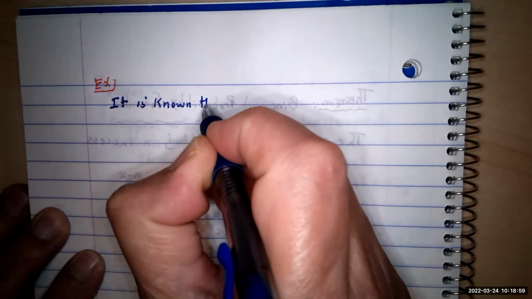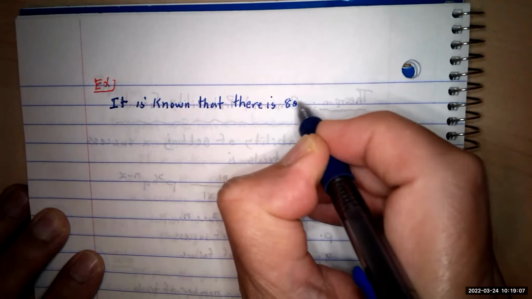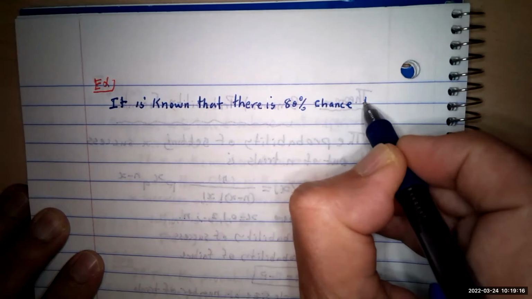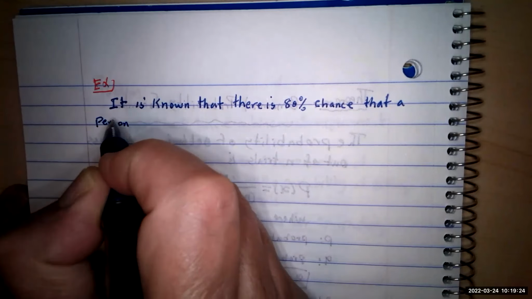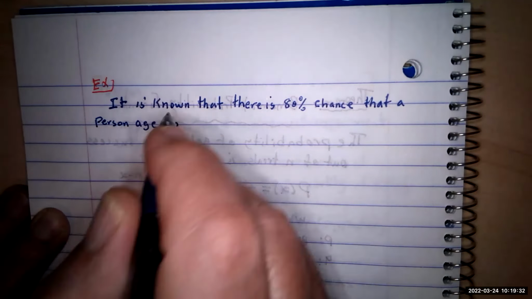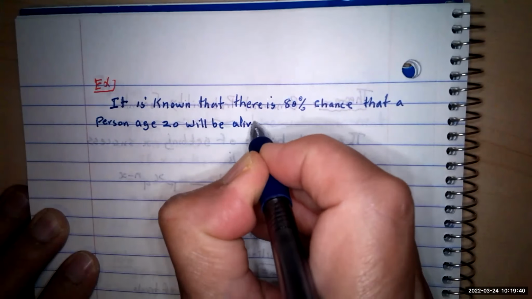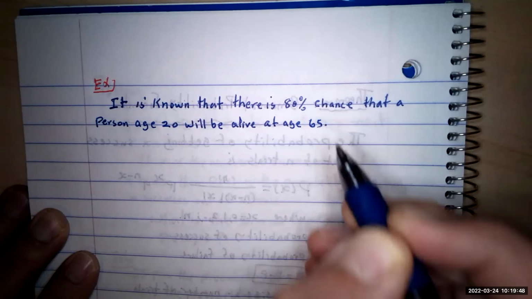Now the fact is, it's known that there is an 80% chance that a person age 20 now will be alive at age 65. So that's something known.